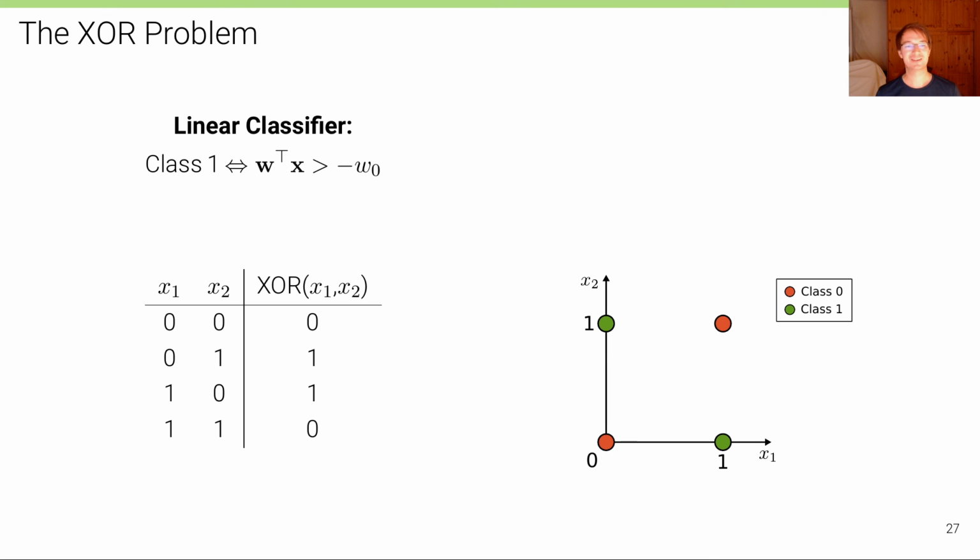Okay, so let's go back to our XOR problem and what that means for our XOR problem. We haven't solved it yet with the original linear classifiers. We have extended the feature space, but we have used our intuition. It was a little bit like magic. But now, how can we actually do this in a principled way?